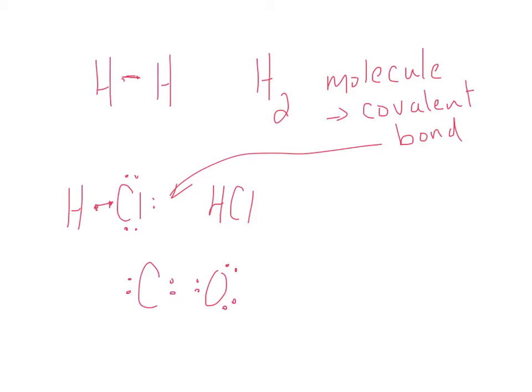And so if carbon and oxygen share 2 of their electrons each, that's great for the oxygen because the oxygen gets its octet, 8 electrons around it, because we can count these shared electrons for the oxygen.